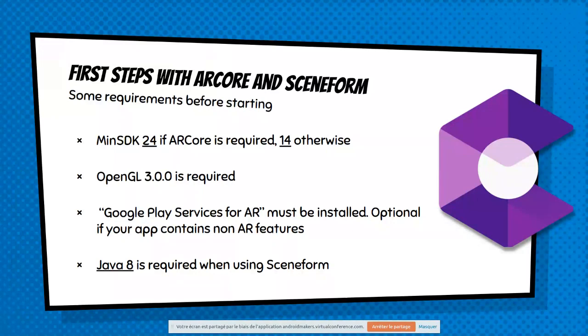OpenGL 3 is required to play some AR stuff in your application. And you also have to download the Google Play Services for AR on your devices, so you can use Sceneform and ARCore. And then if you want to use Sceneform, you have to target Java 8.